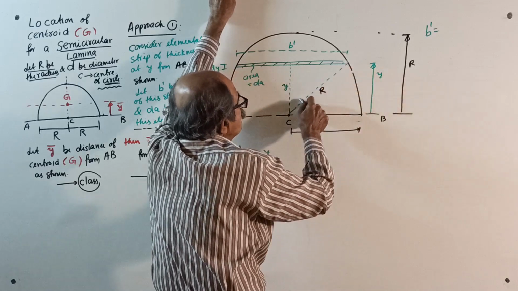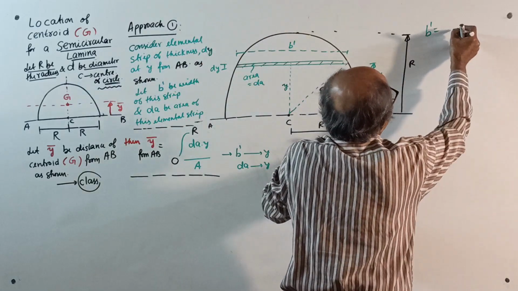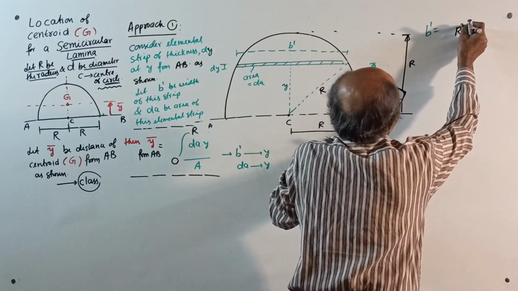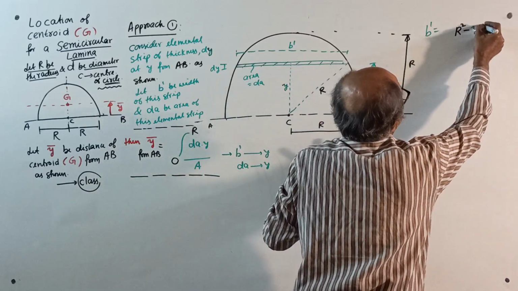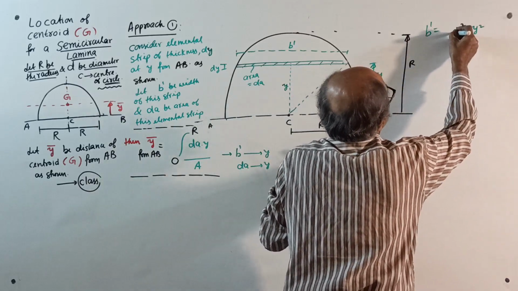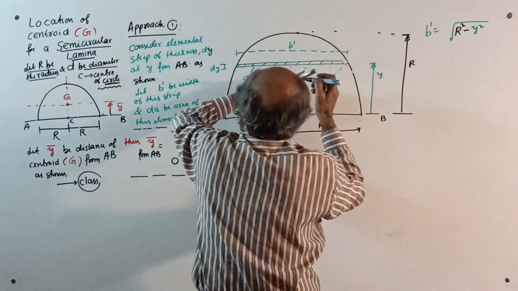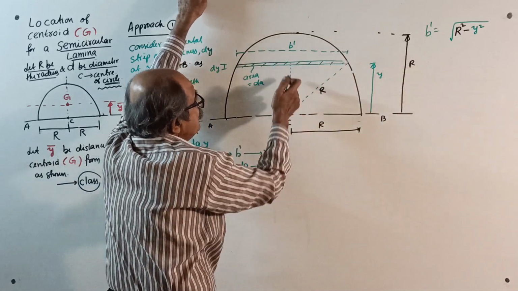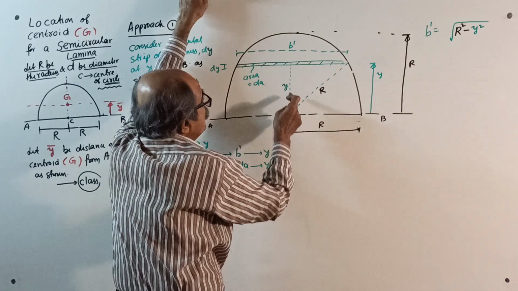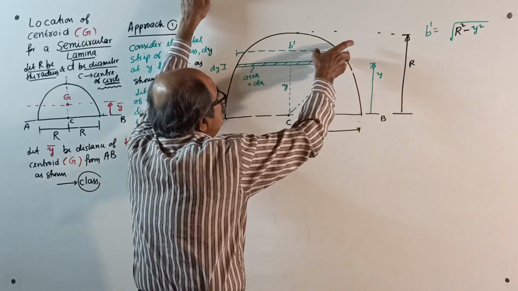This is the hypotenuse, R square, minus y square. So this distance equals the square root of hypotenuse square minus this square, root of R square minus y square.